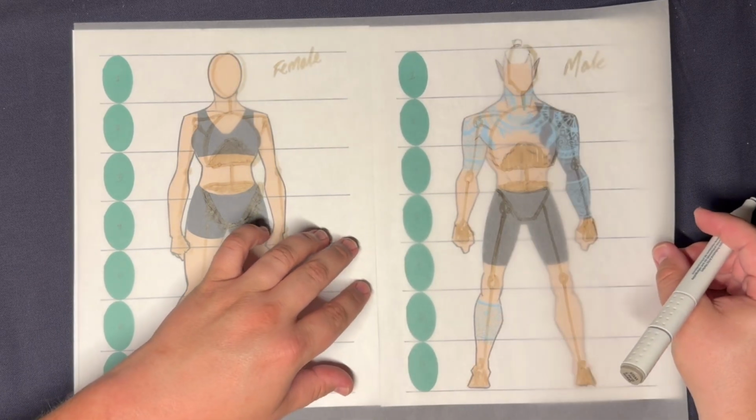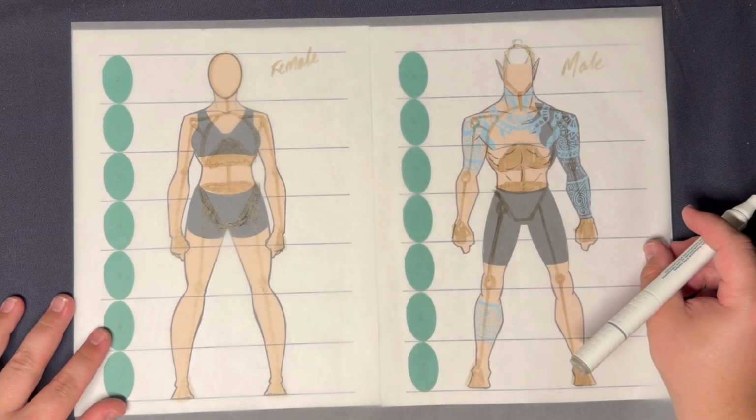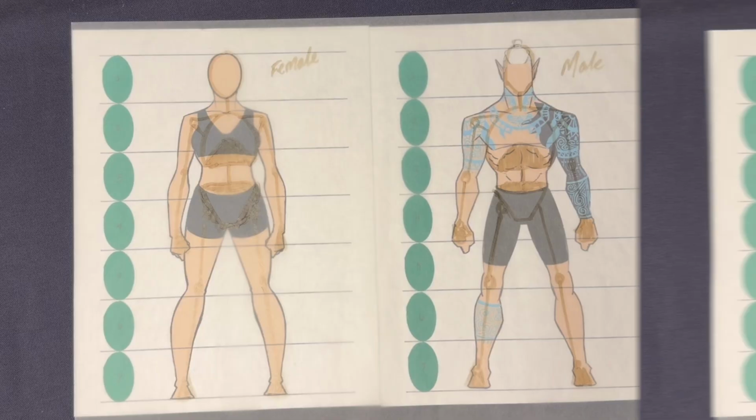And here we are revealing the male skeletal structure. Nice and simple. Ready for the next layer.